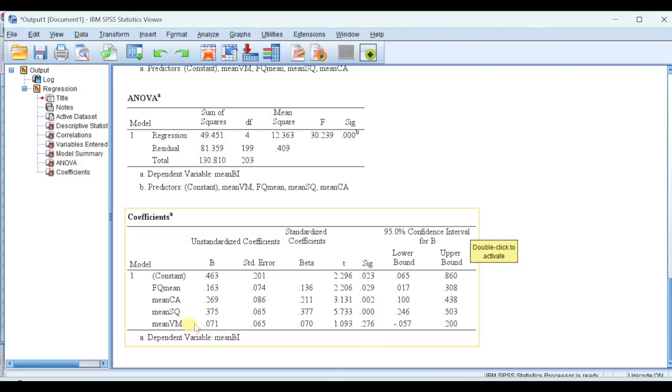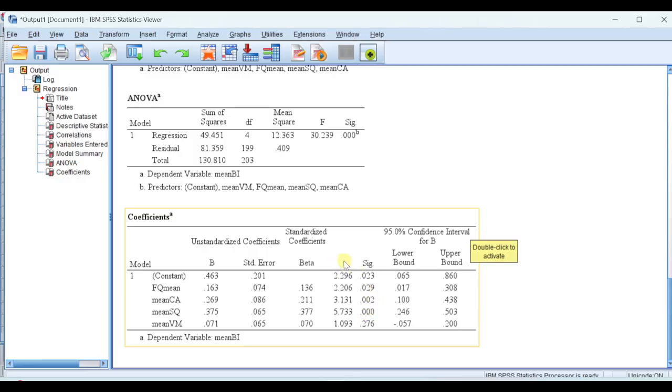That means value for money is not a good predictor, not a significant predictor of my behavioral intention, because the p-value is above 0.05, it's 0.276. The rest of the three are good predictors, significantly predicting my behavioral intention.